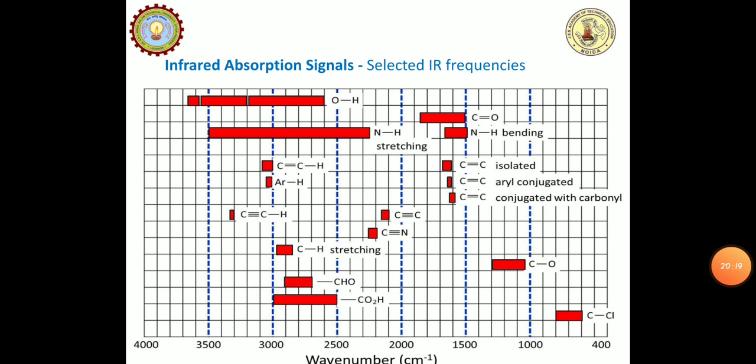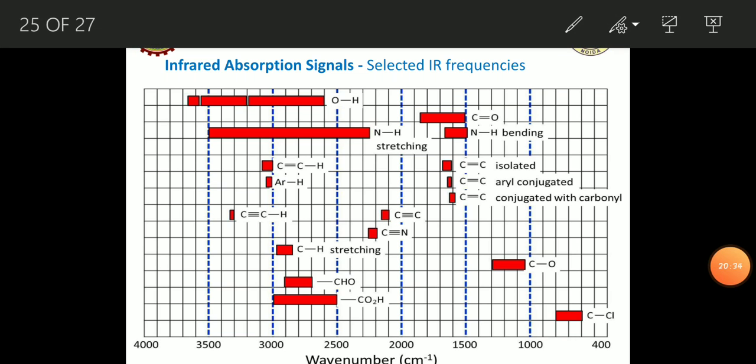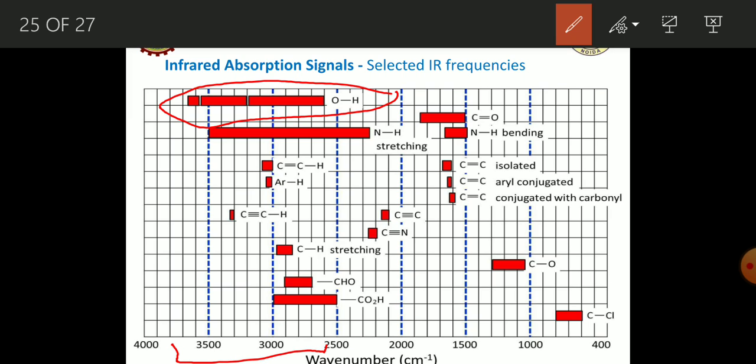Next, we'll discuss the vibrational frequencies of some functional groups and some of their stretching and bending vibrations. First, the OH functional group: the stretching vibration comes at 2600 to 3600.